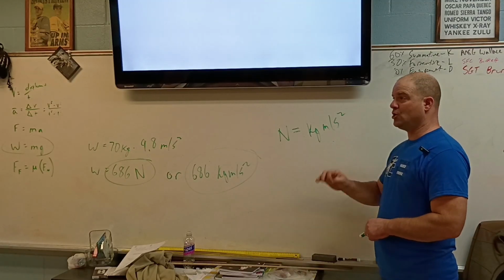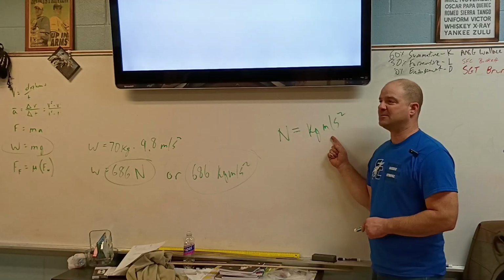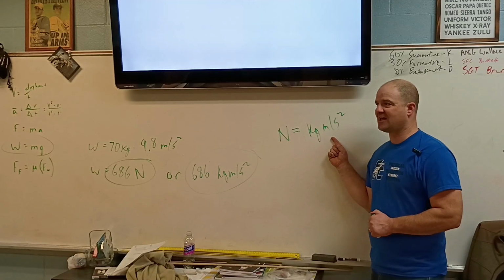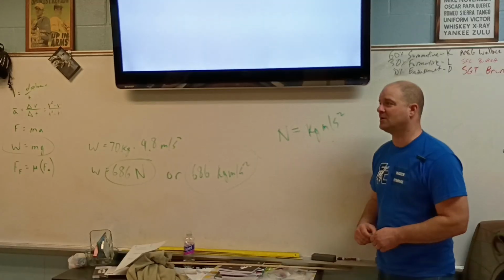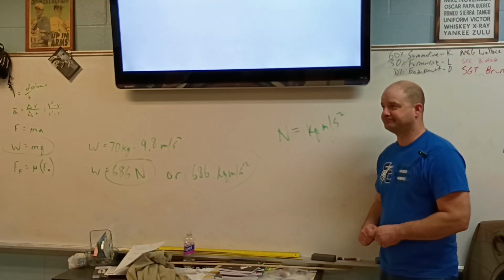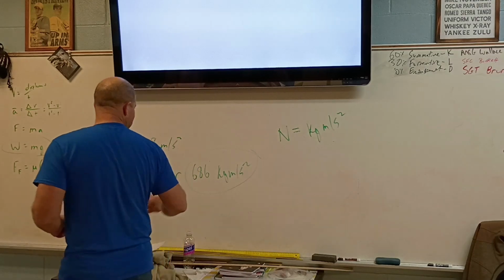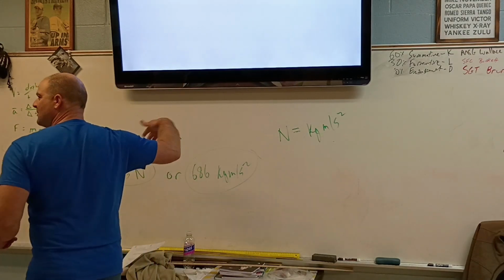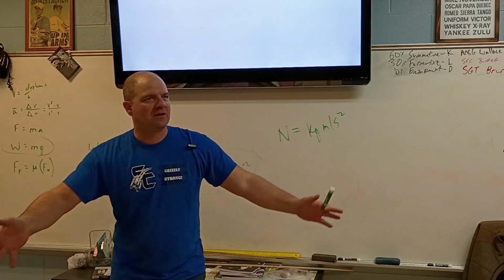No. A Newton specifically is kilograms times meters per second squared. Has to be. Otherwise, it's not a Newton. You could invent another unit if you wanted to. But we're going to use this one, because it's the standard. People a long time ago figured out, hey, we're going to use this as a standard. If we all use the same system, it makes it easier.